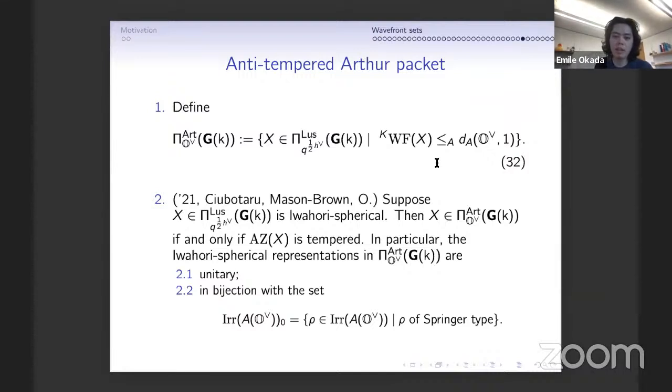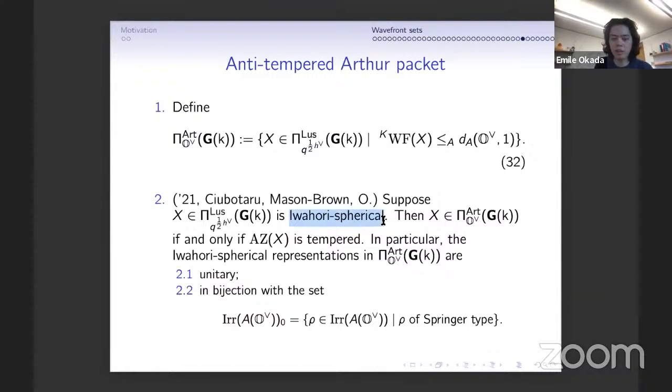And so in particular, since tempered representations are unitary and duality preserves unitarity, one gets immediately that X is unitary. And we have a very nice description of this packet in terms of this set, at least for the Iwahori-spherical ones. Now I should point out that all of the results which I've stated, we expect to hold without the requirement that it's Iwahori-spherical.